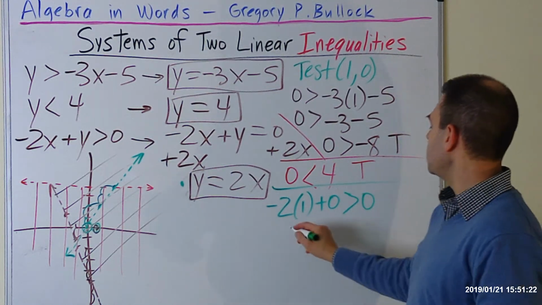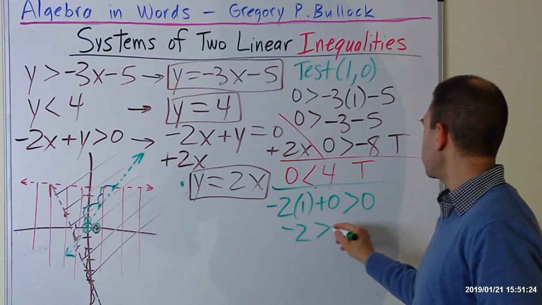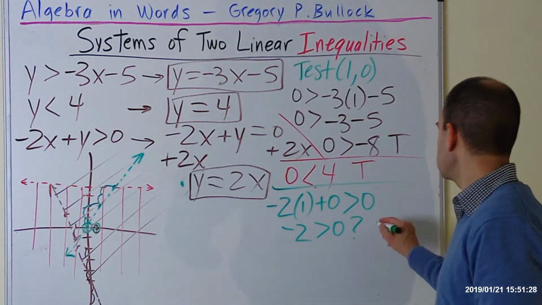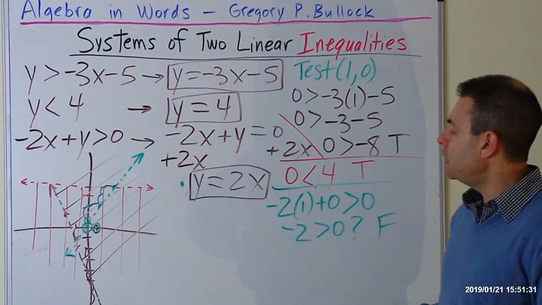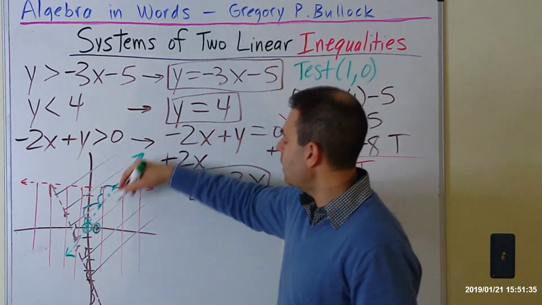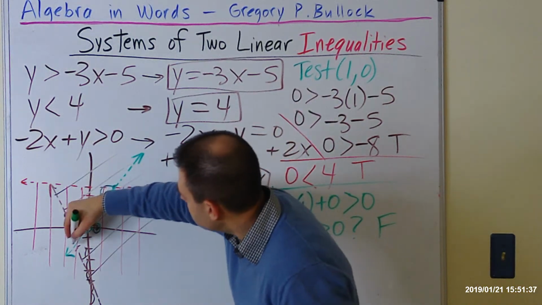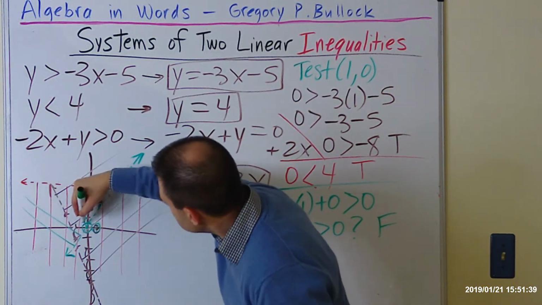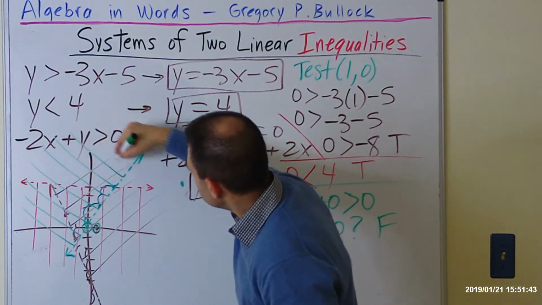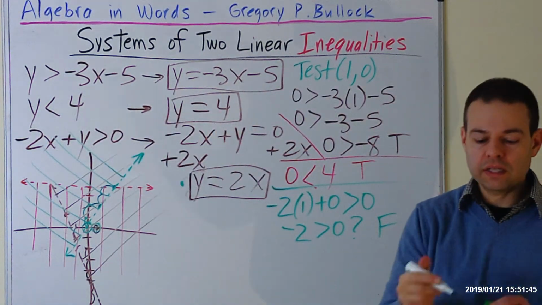So when we simplify, we get -2 is greater than 0. Is that true or false? It's false. So what does that mean? With regards to the green line, we're going to shade away from the test point. So that would be in this direction. And I think that's clear enough.